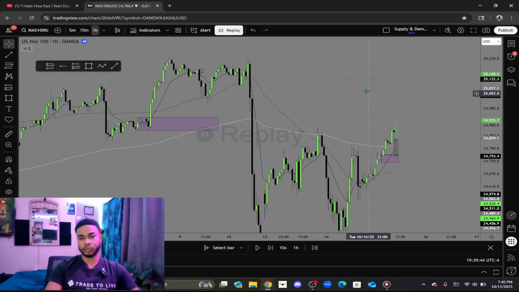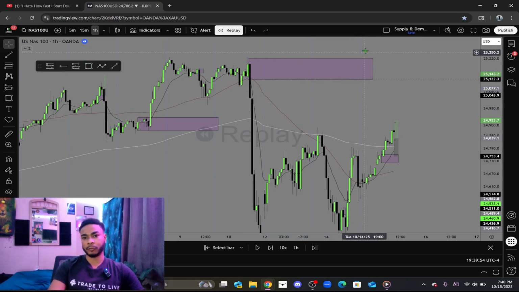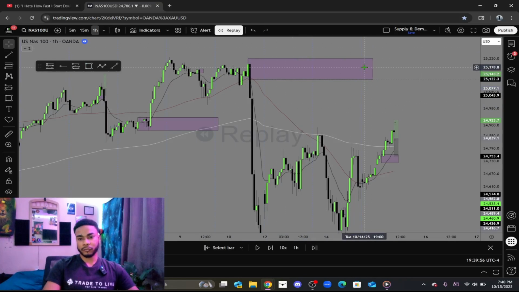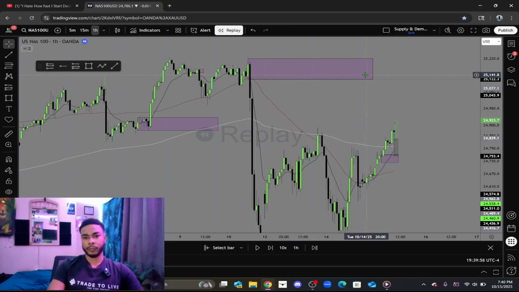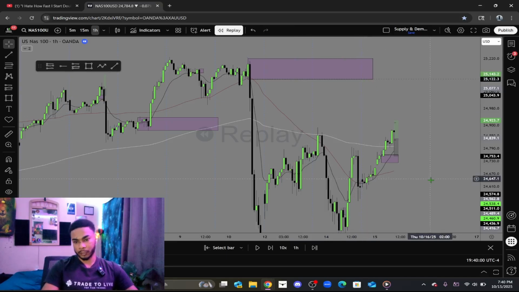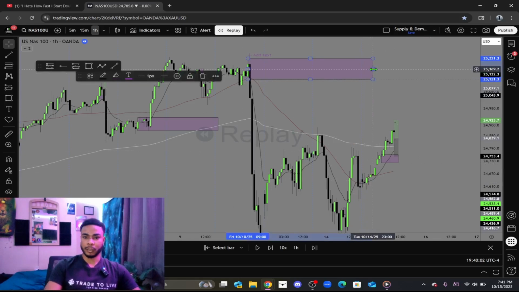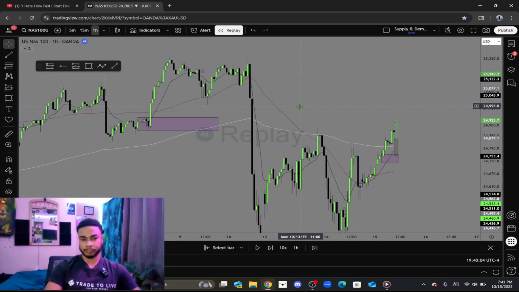So price will eventually come back up to this point, which is another supply setup on the hour time frame, and price will eventually either break that supply zone, or reject off of it and then push down and continue downtrending. So this gap has to get filled in. You see price pushed down crazy, and now it's slowly correcting itself, filling in those gaps.